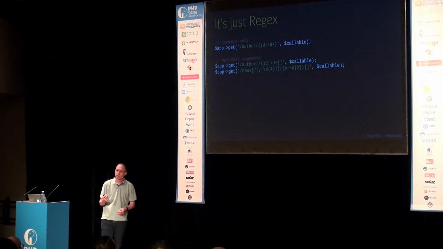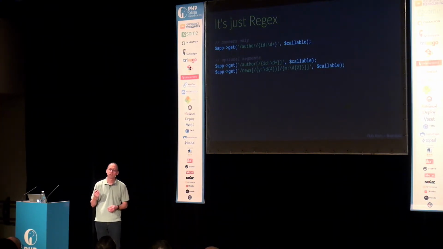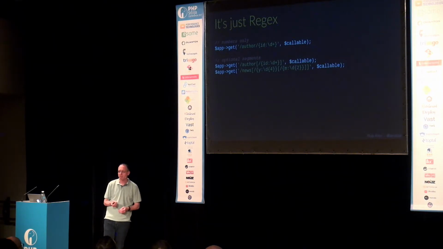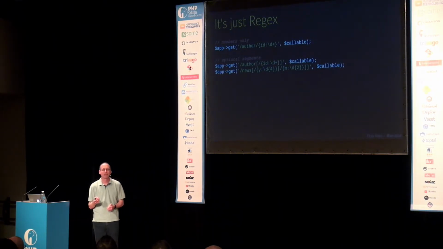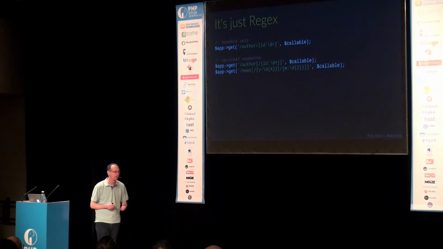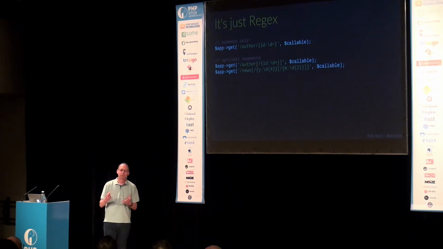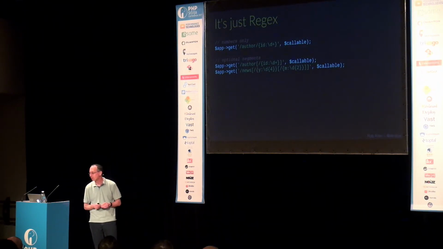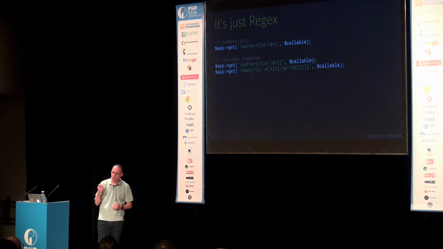So I can constrain the parameters to being the values I want to be, and Slim will not match unless your data matches the regular expression. Quite a bit of power there. It shows you getting data into your action, the type you like, the type you want, and also enables you to be selective against the same endpoint.